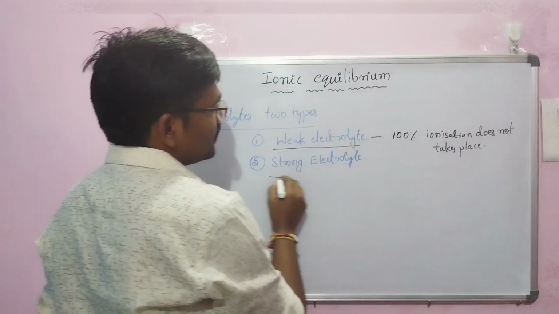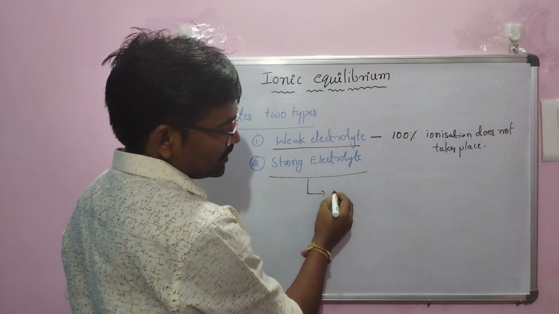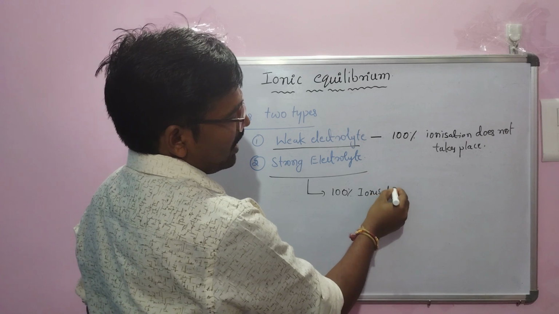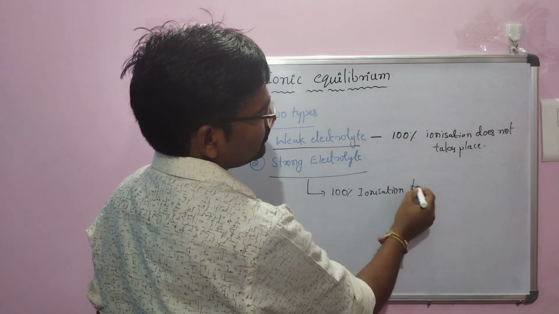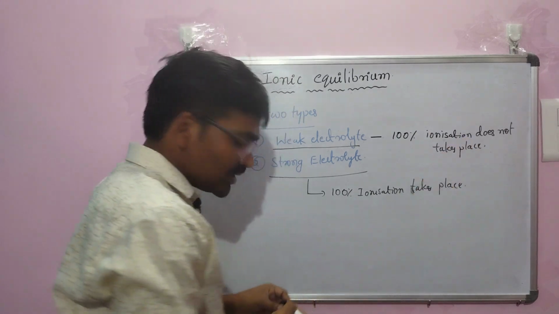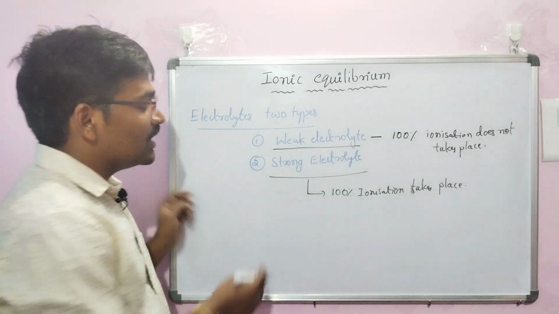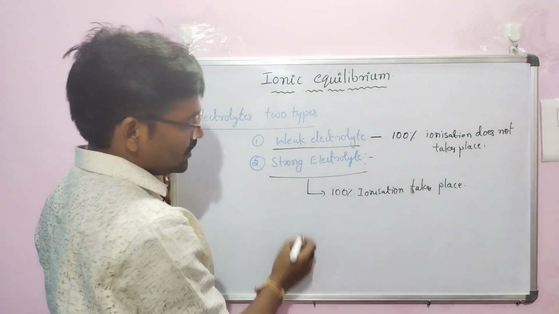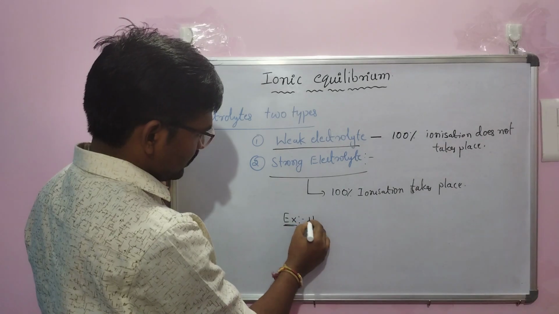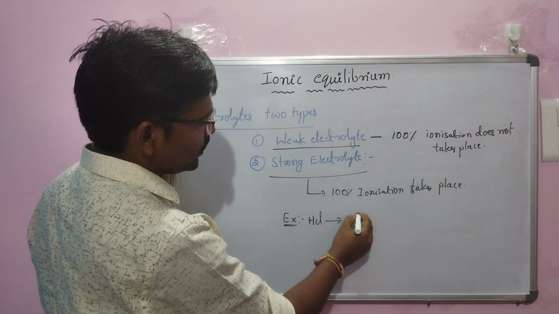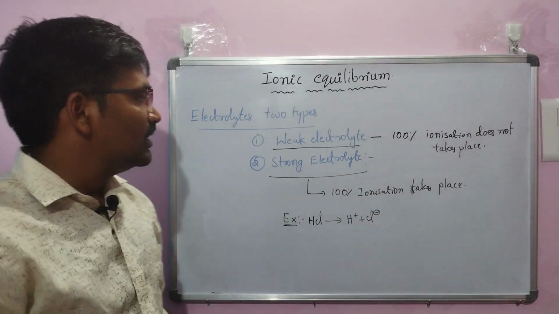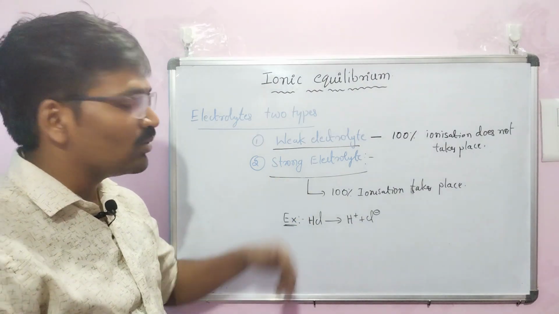In strong electrolytes, 100% ionization takes place. For example, if you take HCl, it dissociates into H plus and Cl minus. Complete ionization takes place, so we call it a strong electrolyte.